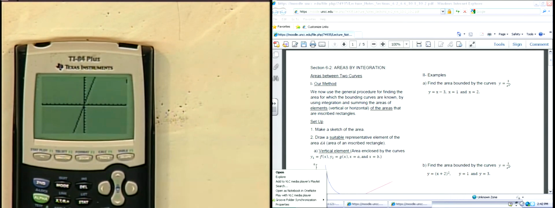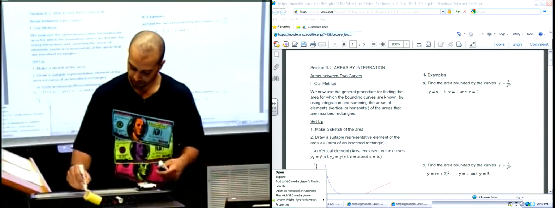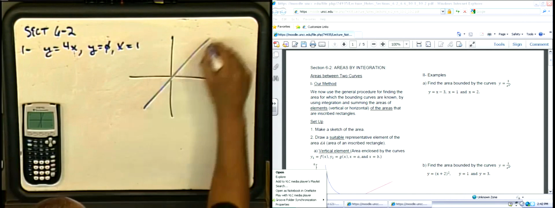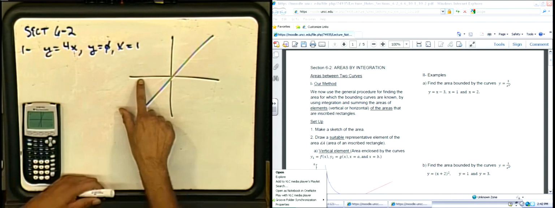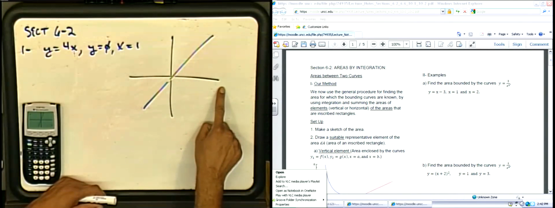Graph. Straight line. Y equals 0 is the x-axis.